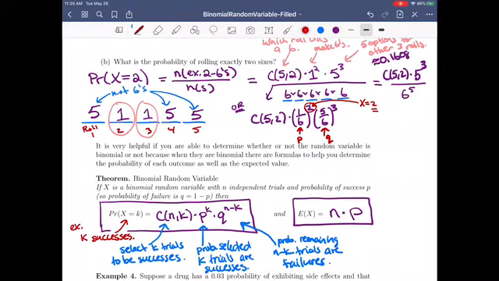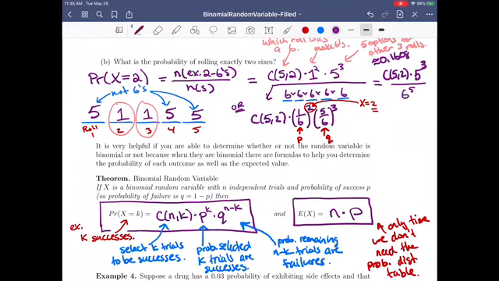So this is really useful because this is the only case in this class where we don't need the probability distribution table to find the expected value.